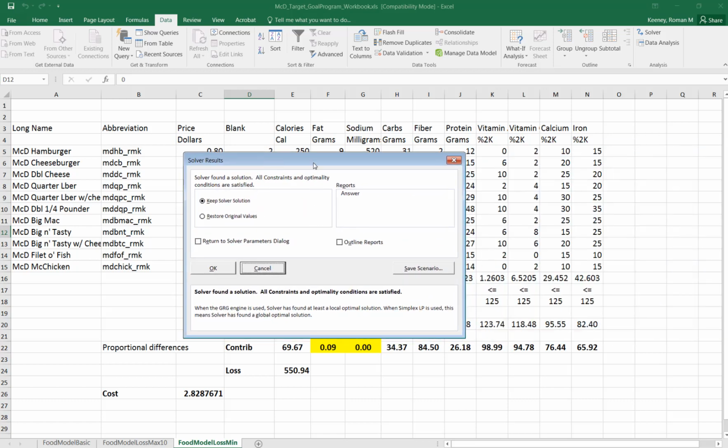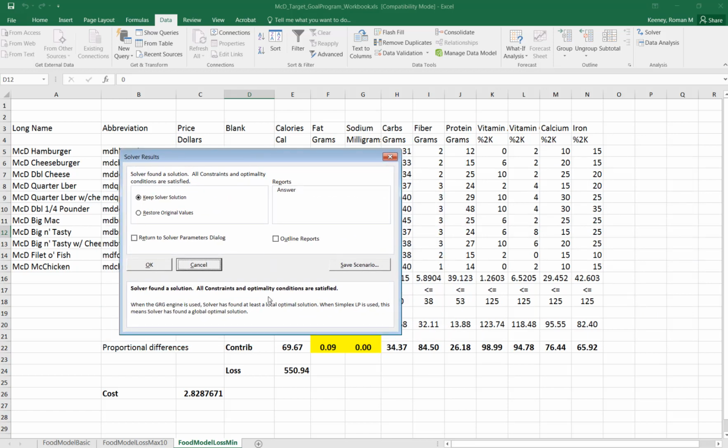I want to look at the solution picture here. Solver found a solution, and constraints and optimality conditions are satisfied, but the only thing it gives me is an answer report. That's something we're going to watch and check on when we rerun this and fix it.